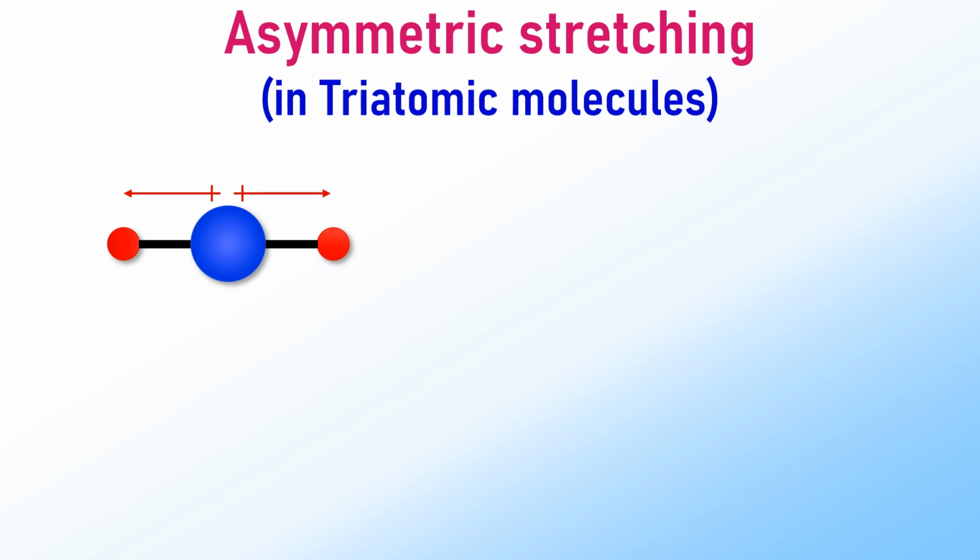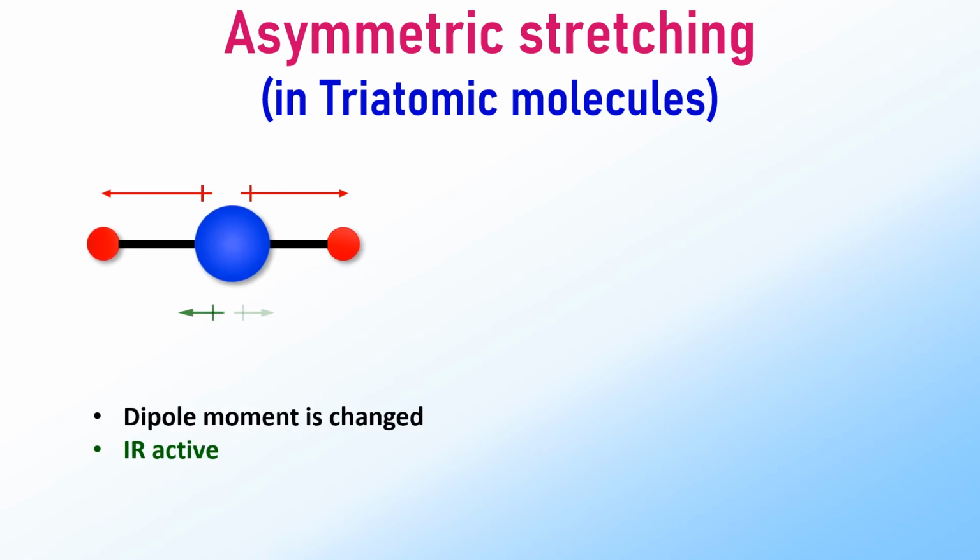Now let us examine what occurs during asymmetric stretching. In this mode, the stretching vibrations do not occur simultaneously. Consequently, there is a change in the net dipole moment of the molecule during these vibrations. As a result, this asymmetric stretching mode is classified as infrared active.